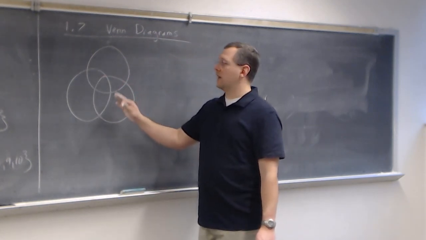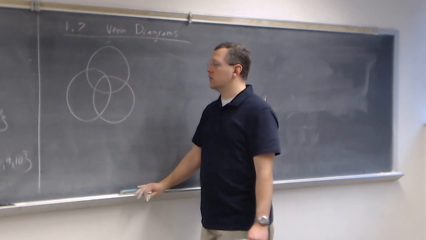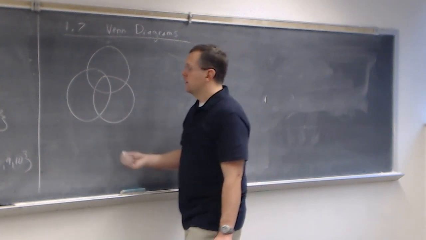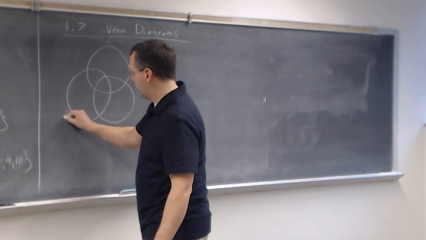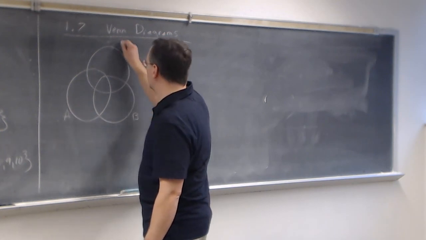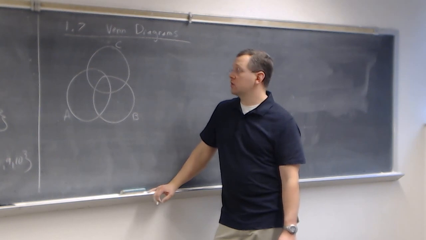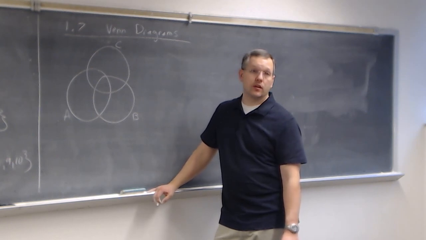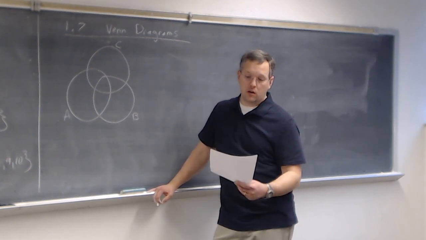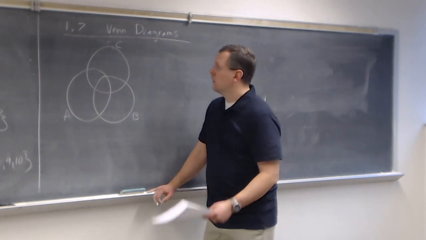In the most general setting, all 3 would be intersecting like this, overlapping. Just label like this. Okay, so sets A, B, and C. This is kind of our starting point for our sets.